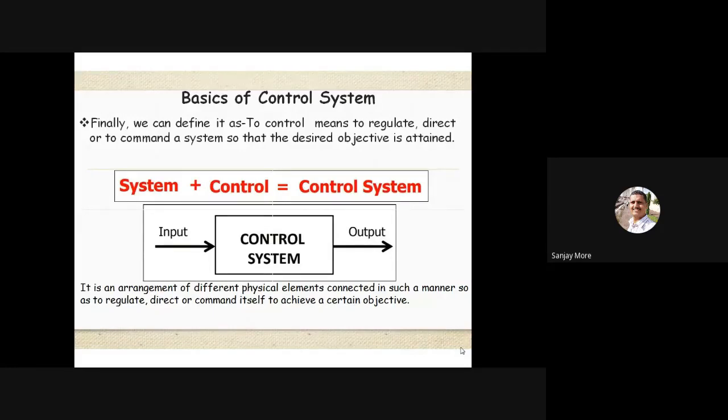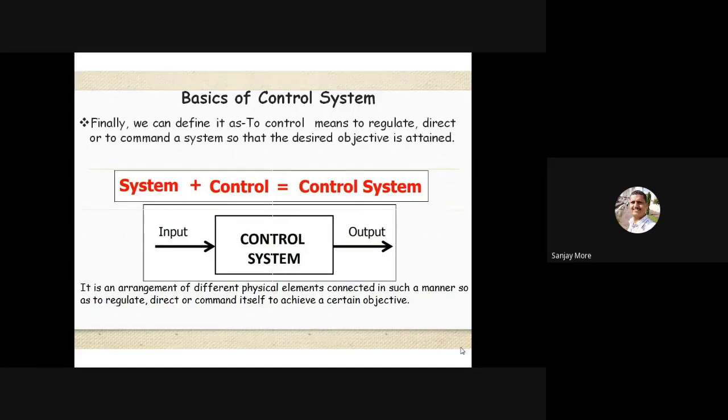See, system plus control is equal to control system. System refers to the input parameters or input signals, physical quantities, electrical quantities, and control of these physical quantities is the control system. We can define to control as to regulate, direct or command a system so that the desired objective is attained.